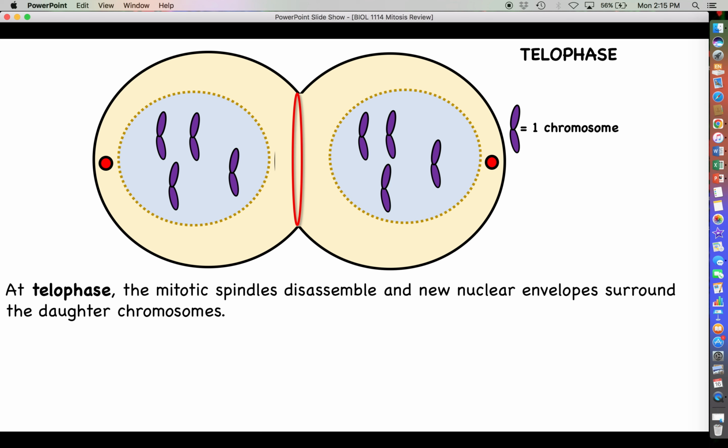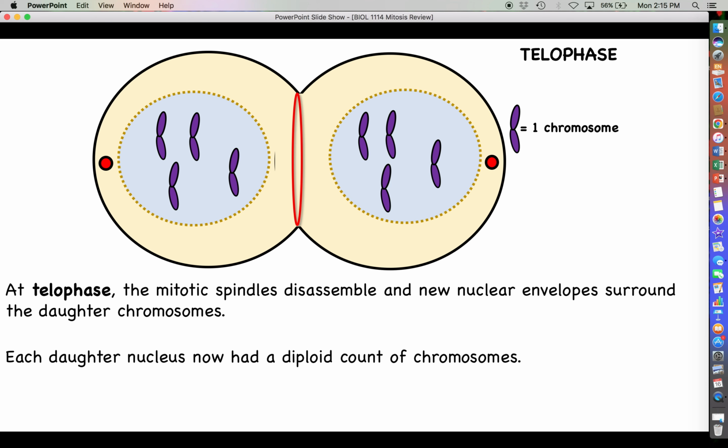The last stage of mitosis is called telophase. Once we accomplish our mission of getting the sister chromatids pulled to either side of the cell, we are going to start reassembling new nuclear envelopes around what's eventually going to be the daughter chromosomes that will be inherited by each daughter cell. You can see here how each daughter nucleus is now going to inherit a diploid count of chromosomes.